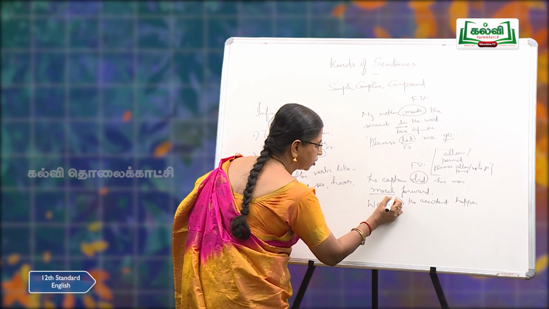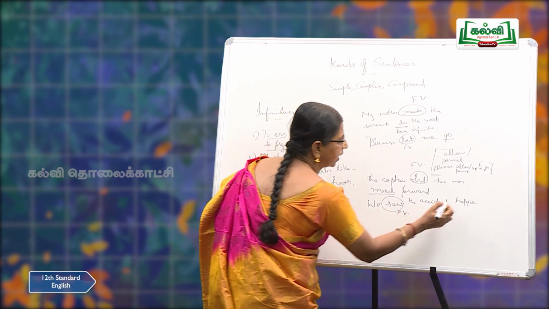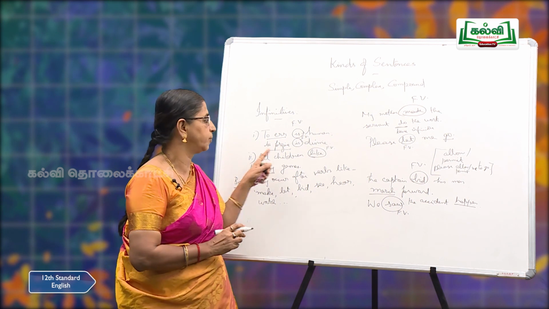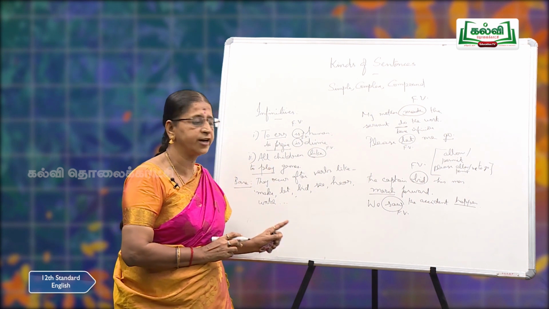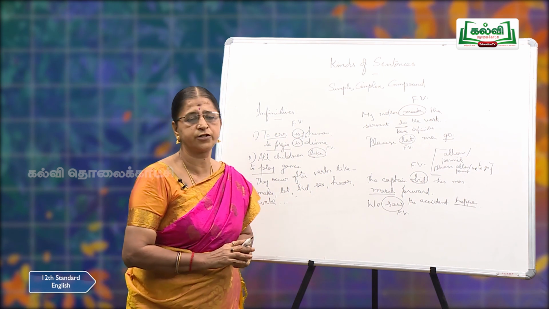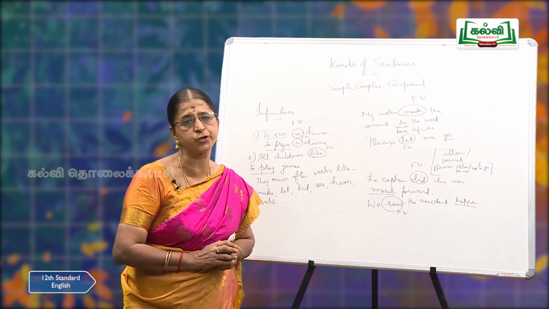So, here saw is your finite verb and happen is your bare infinitive. So, in this manner you get sentences. So, please make a note of these. Bare infinitives occur after certain verbs like the ones I have mentioned here. So, bear this in mind for your simple sentence too.